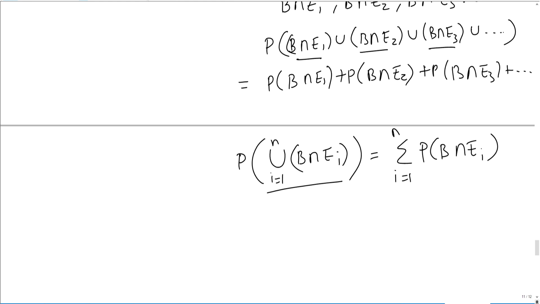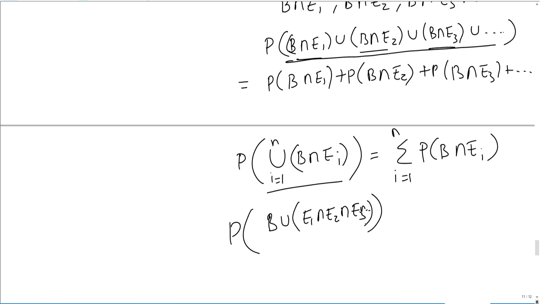Okay. Actually, you can apply one property that we know from union and intersections. If B intersection E1 union B intersection E2, we can rewrite the same term like this, B union E1 intersection E2 intersection E3 and so on.